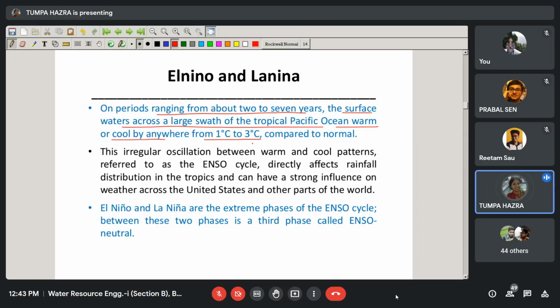This irregular oscillation between warm and cool patterns is referred to as the ENSO cycle, and it affects the rainfall distribution throughout the world. The extreme phases of this ENSO cycle are known as El Nino and La Nina.